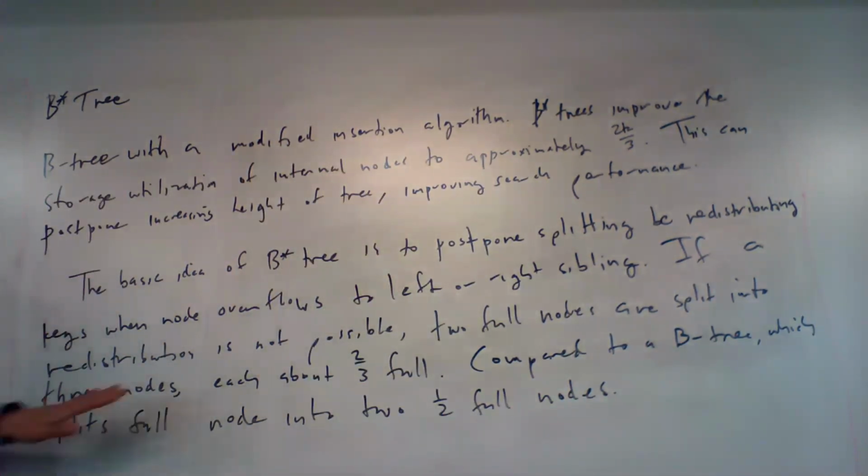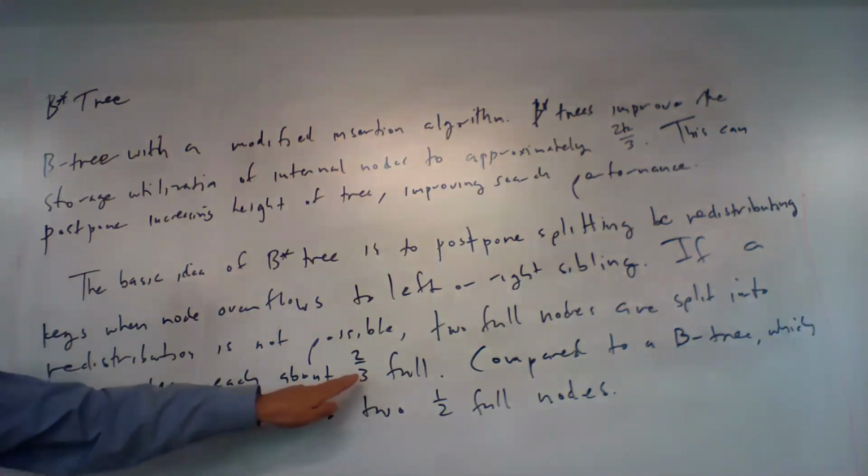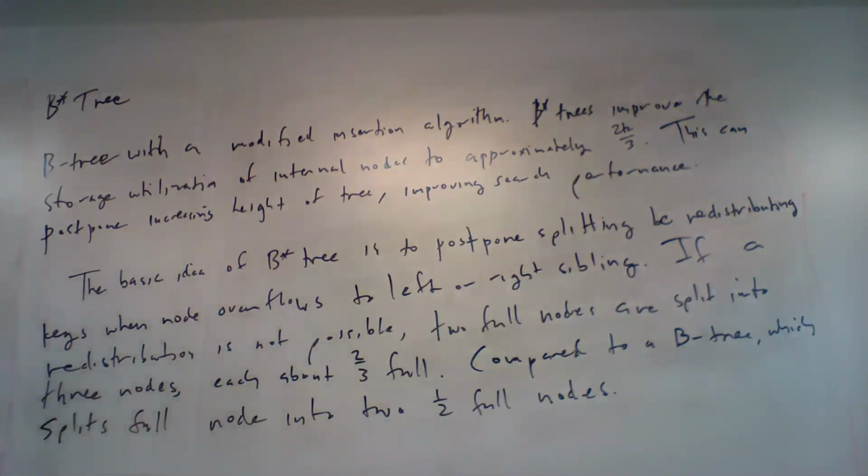So if you think about it, if you have 2 nodes that are full, and then you create 3 nodes that are 2/3 full, so there was 6/3 in the 2 full nodes, and then if you get 2/3 plus 2/3 plus 2/3, you're going to get 6/3. So the keys are going to be distributed properly. But instead of going from 2 to 4, you're going from 2 to 3. And so that's where the improvement is coming from.